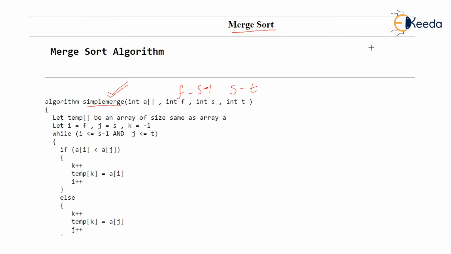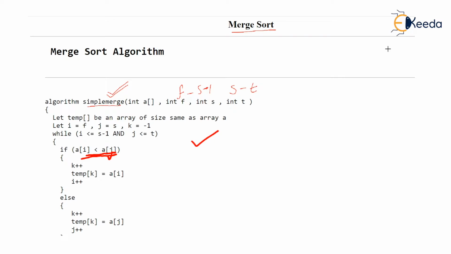The time complexity of merge sort should be studied first by studying the time complexity of the simple merge function. Because if you are asked where in the entire merge sort process the sorting is actually done, where the comparison of array elements is done, and where the swaps are done, isn't it so?